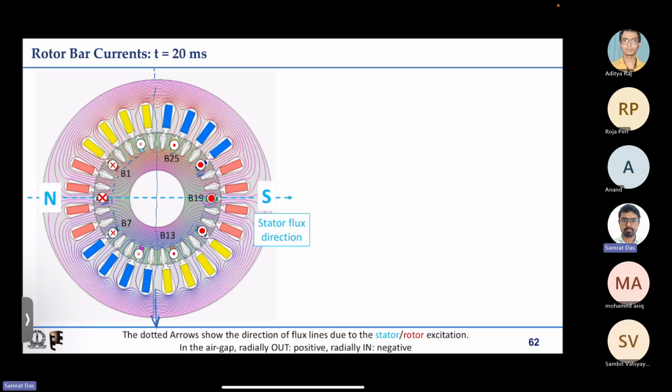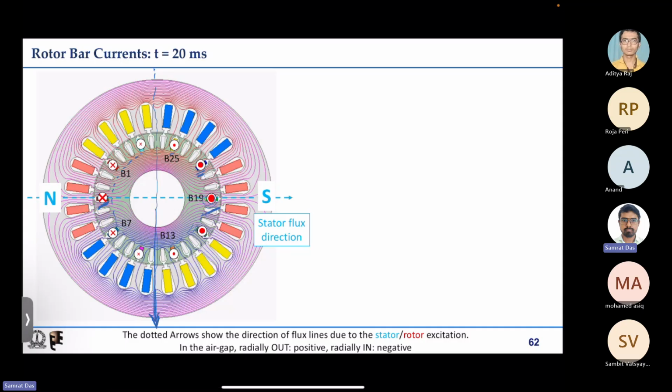So once we know the rotor bar current directions for this stator excitation, then using the right hand rule, if this side is cross and this side is a dot, you can place your right hand like this and the thumb will point in the downward direction.